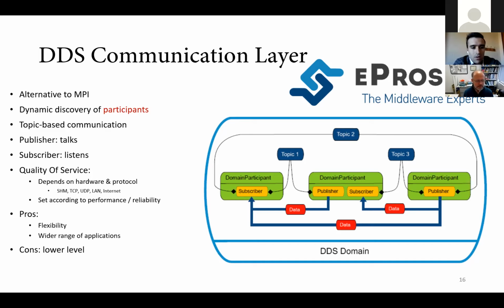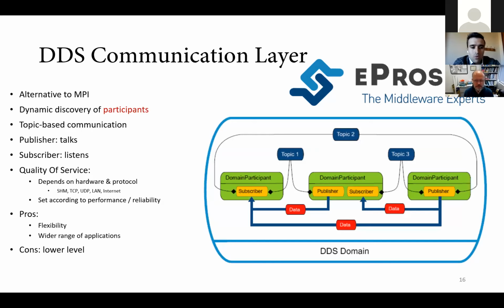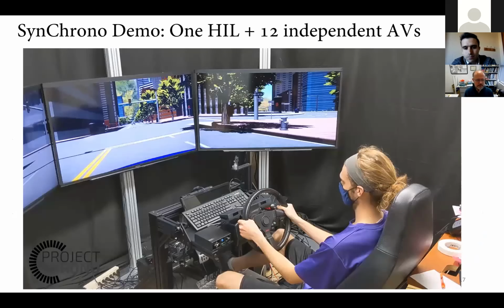So DDS, thanks to quality of service settings, can adapt to a huge variety of communication situations. It is more flexible, and it has a wider range of applications compared to MPI. The drawback is that it's arguably lower level, so there are more things up to us users to set manually.